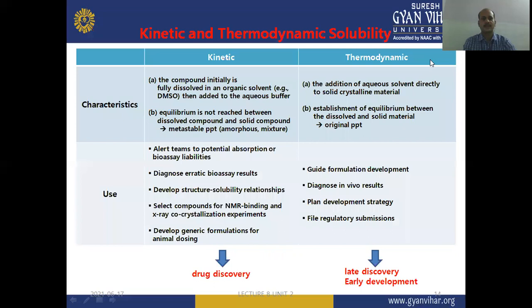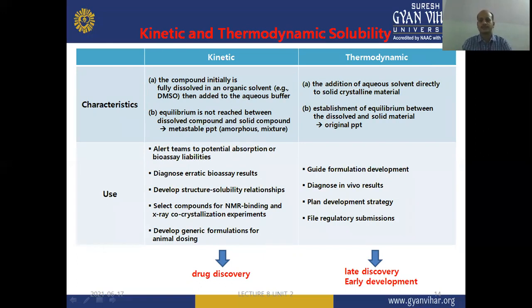Next, there are two types of solubility: either kinetic solubility or thermodynamic solubility. When we go through the different aspects of kinetic and thermodynamic solubility, we can find different characteristic features and different usage also.